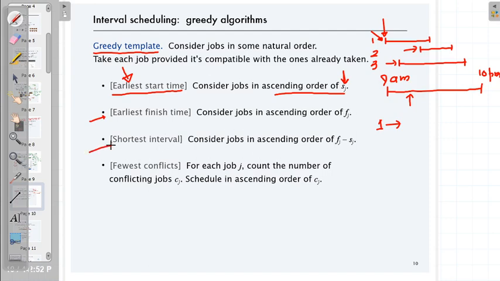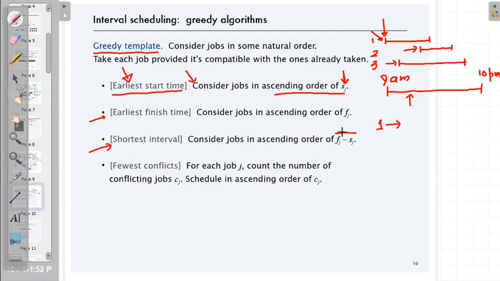Shortest interval: consider jobs in ascending order of fj minus sj. That means the job having the smaller duration comes first. After observing that the longest-duration job might be picked in the start time first algorithm, the immediate reaction might be that we should sort jobs by shorter duration and consider them in that order.